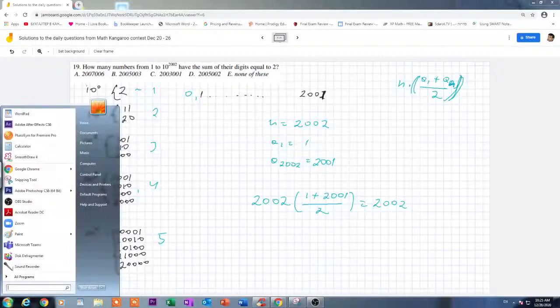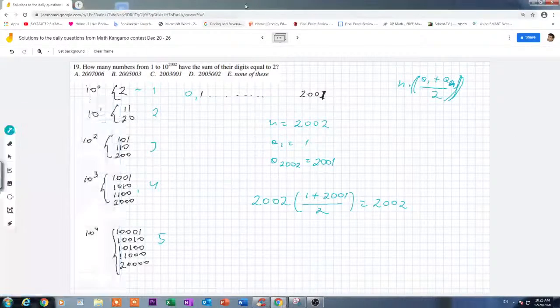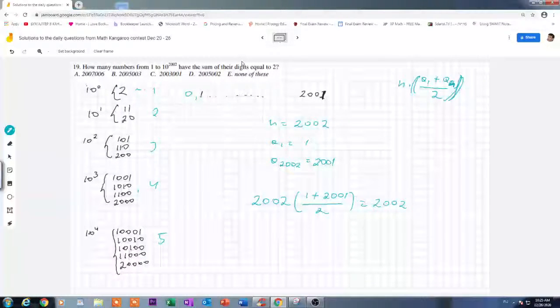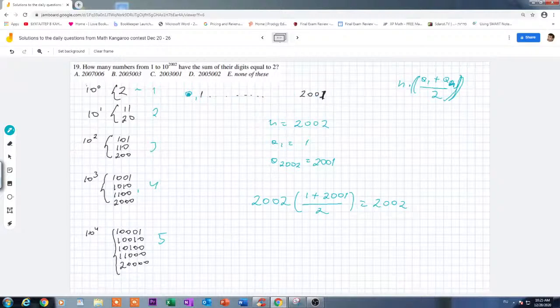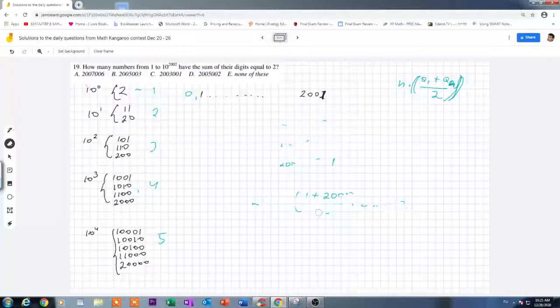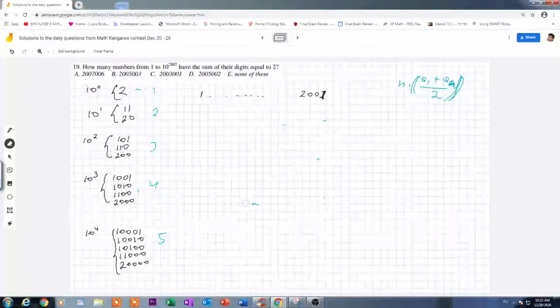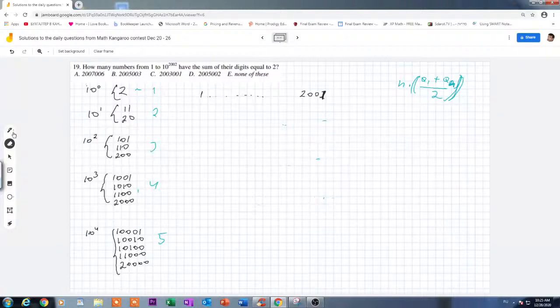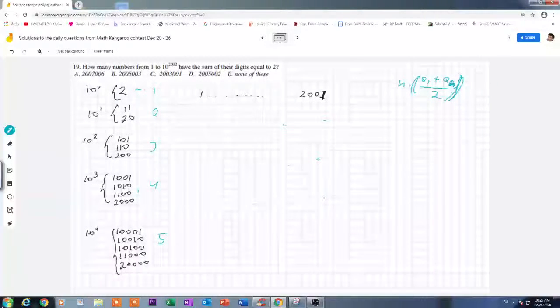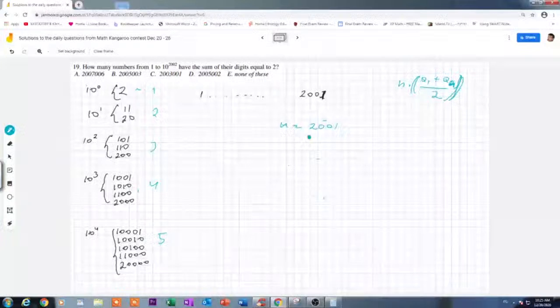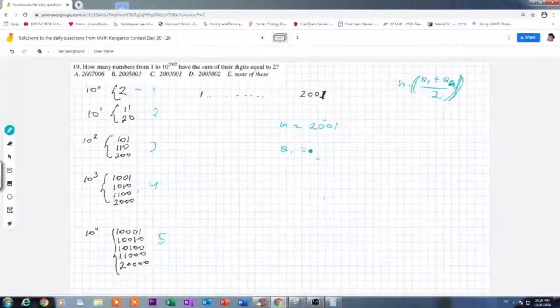Sorry, I think I'm doing this wrong. So we have n equal to 2001, a1 equals 1.